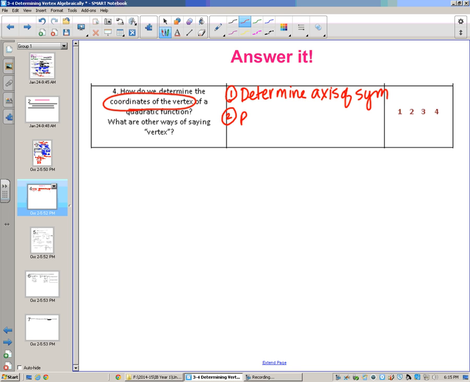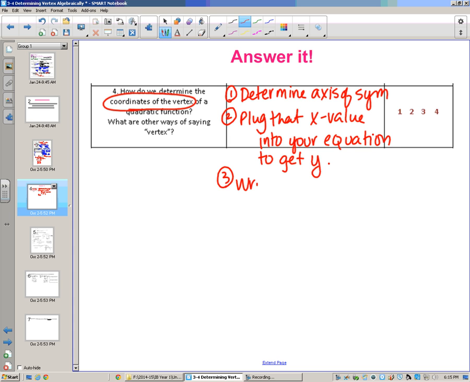Second, plug that x value into your function or equation to get y, and then write your answer as a pair, coordinate pair. Okay, so at this point we have completed 4 learning goals.